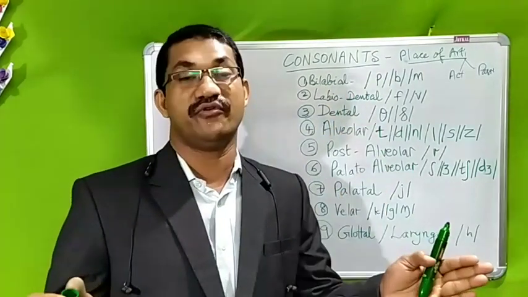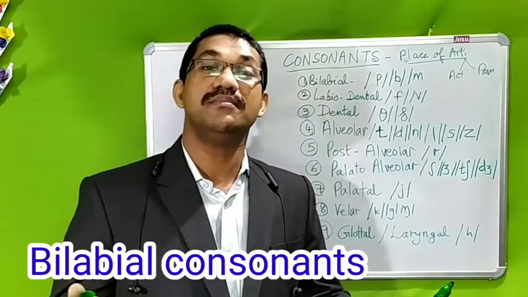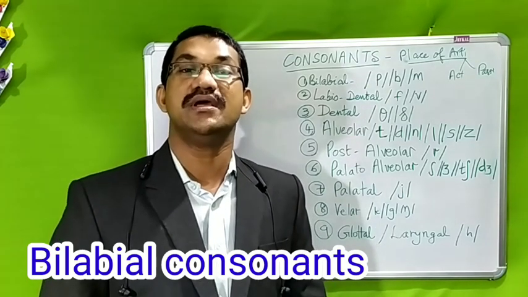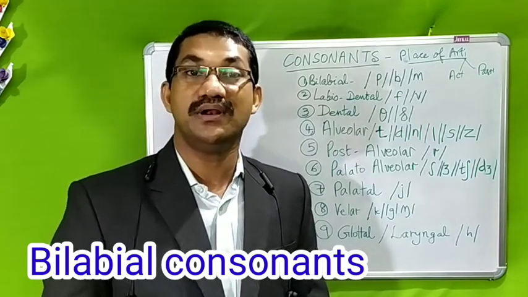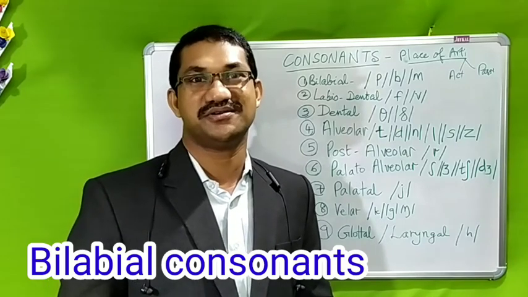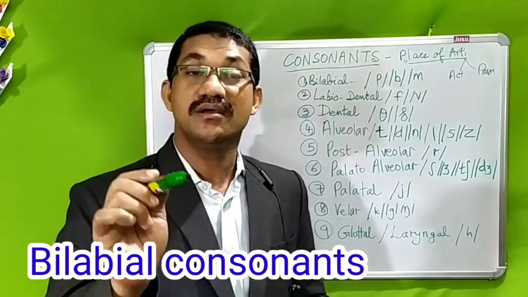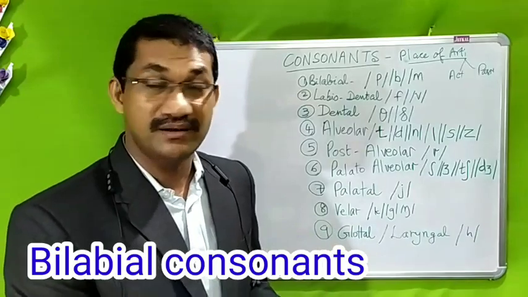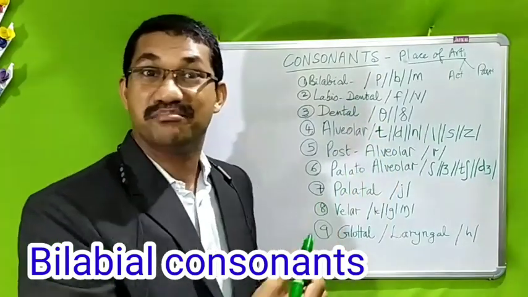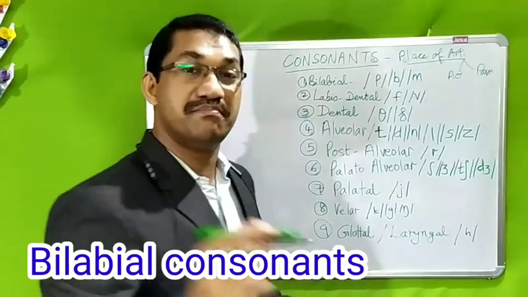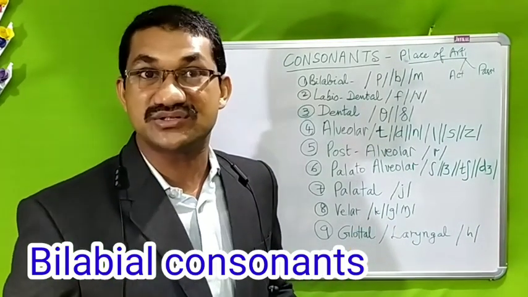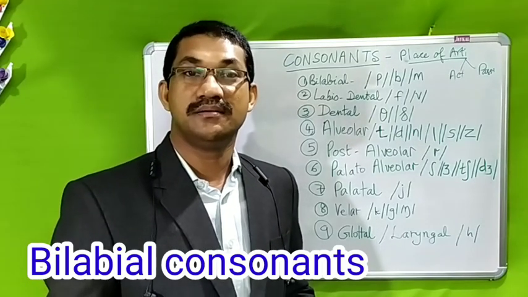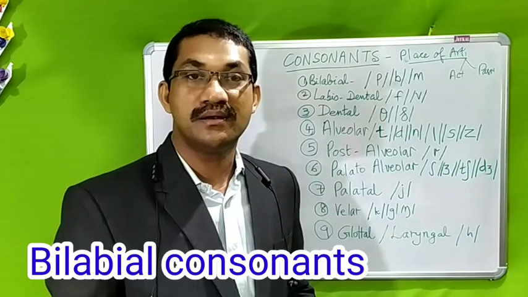Bilabial is very easy to understand. Both the lips are the articulators. The lower lip is the active articulator and the upper lip is the passive articulator. There are 3 bilabial sounds in English. They are p as in pen and paper, b as in bin, bag or basket, and m as in my, mango, men, moon.